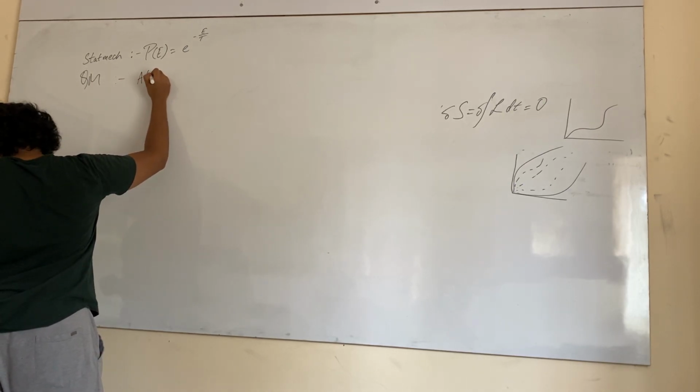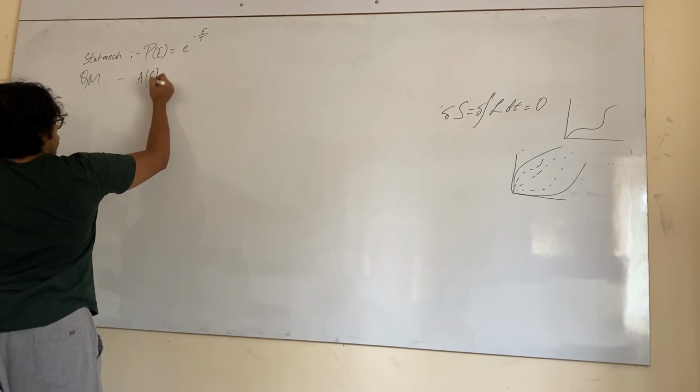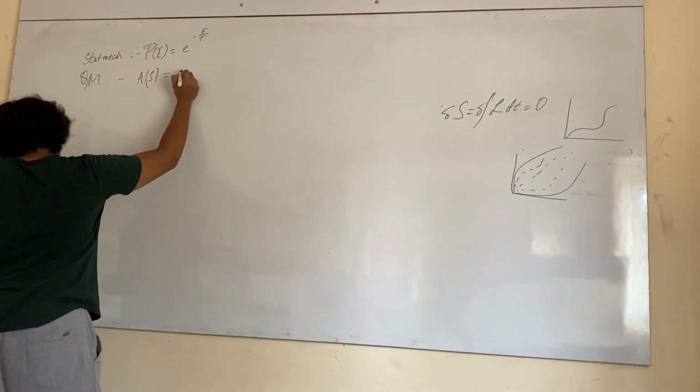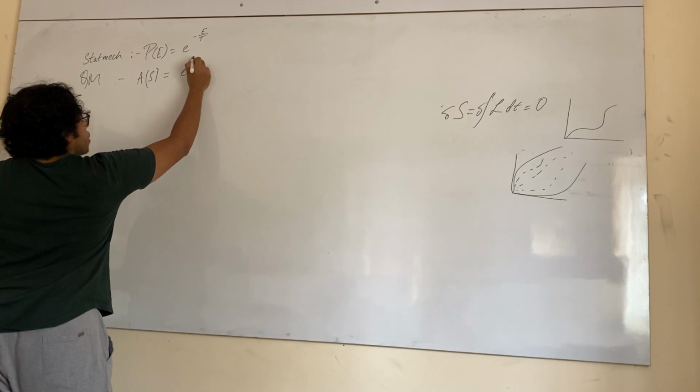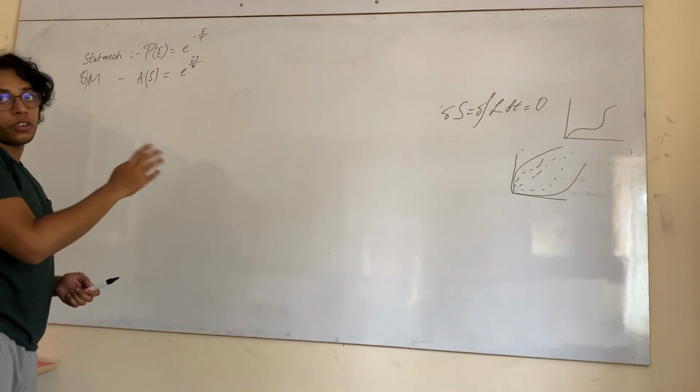The probability amplitude of the particle moving along the path is given by e to the power of i S by h bar. So S is the action.